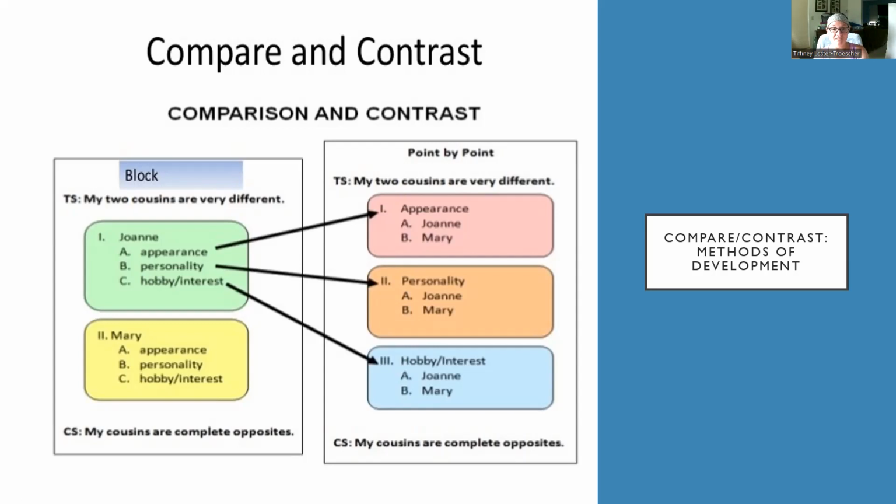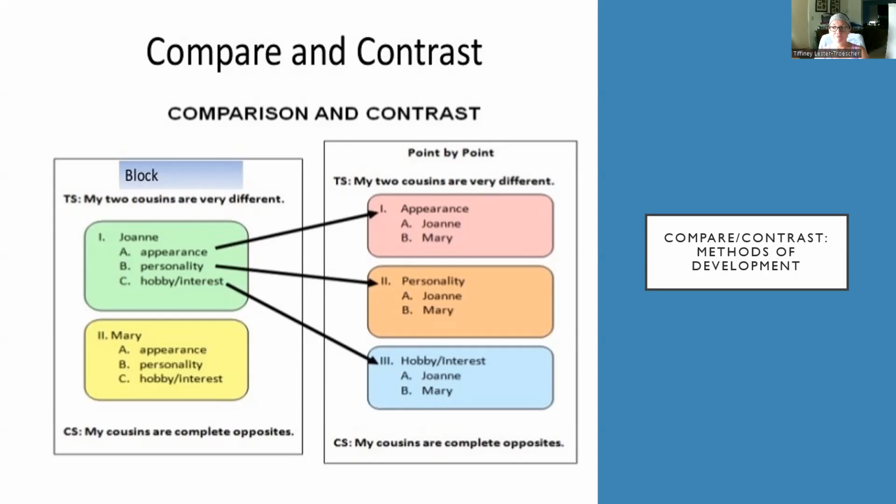Then we move to personality, our second difference. We talk about Joanne's personality and Mary's personality. And then we move on to their hobbies and interests. We talk about Joanne's hobbies and interests and then Mary's hobbies and interests. Okay. So two very different ways of organizing the compare or contrast paragraph.